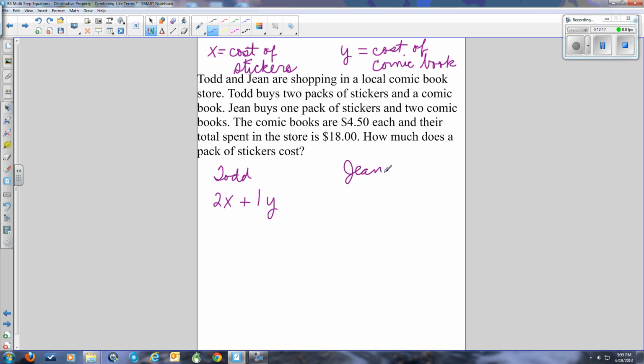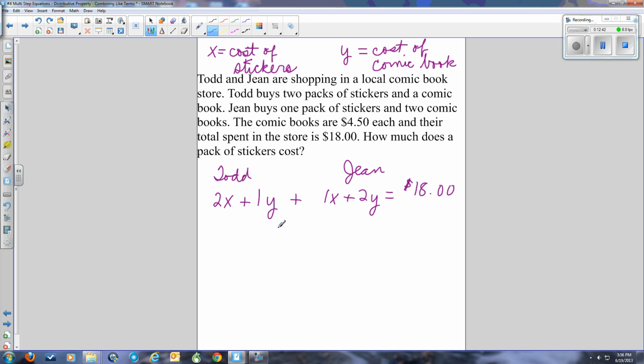Now Jean, she buys 1 pack of stickers, so we could represent that as 1 times X for the cost. And she buys 2 comic books, so we can represent that as 2 times Y. Now it says together in total they spent $18. So if we add those together, that should be equal to $18.